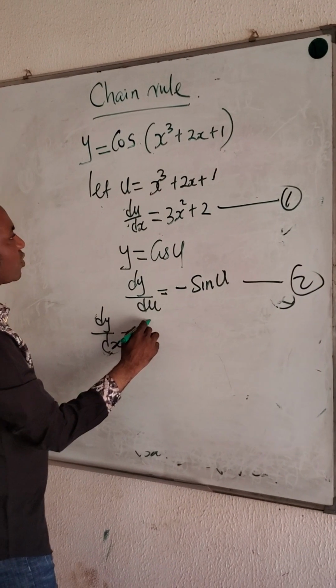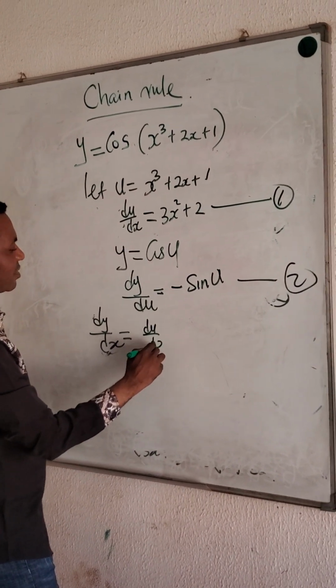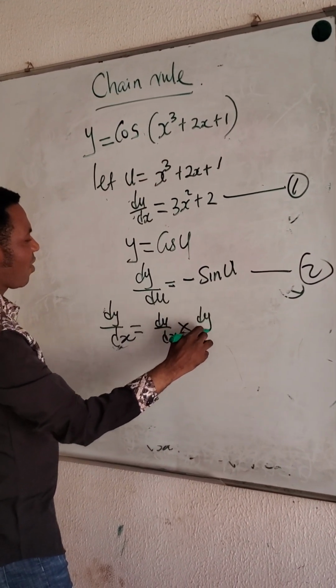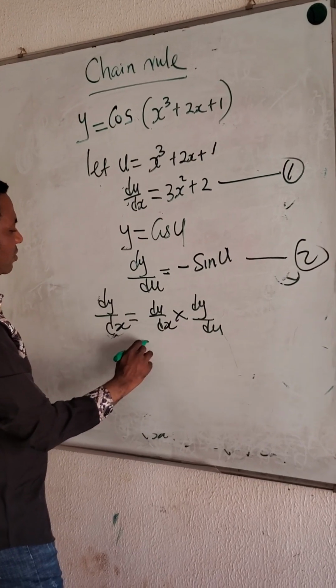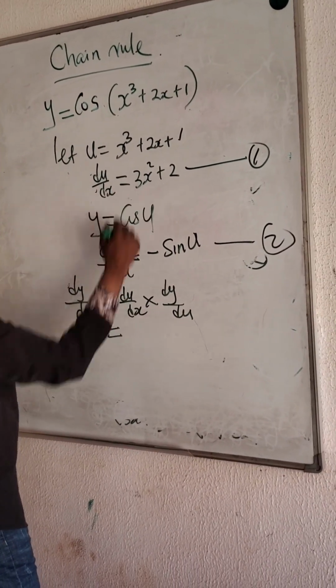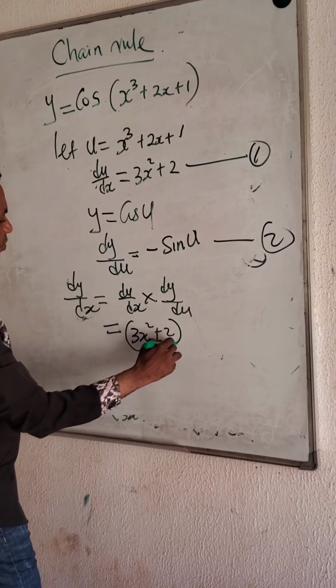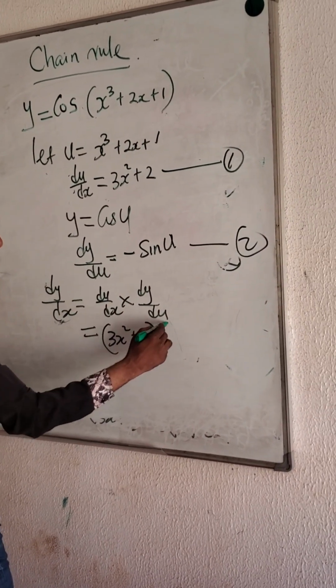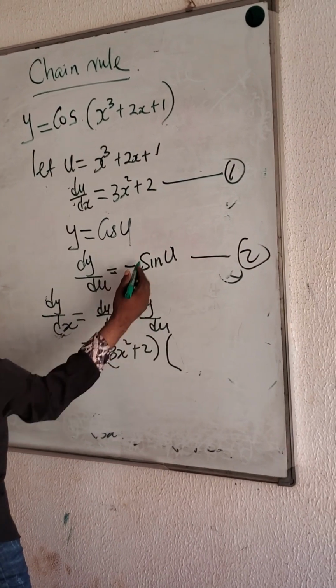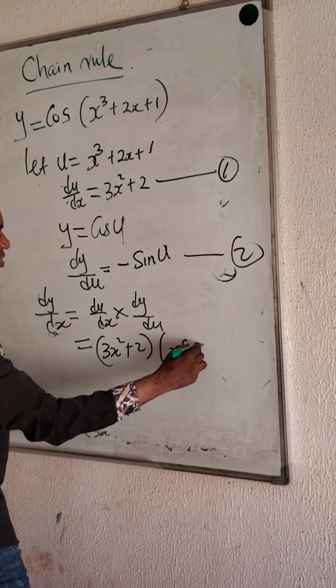So it will be du/dx multiplied by dy/du, and we substitute now. Du/dx is 3s squared plus 2, multiplied by, so let me use bracket, dy/du, which is minus sine u.